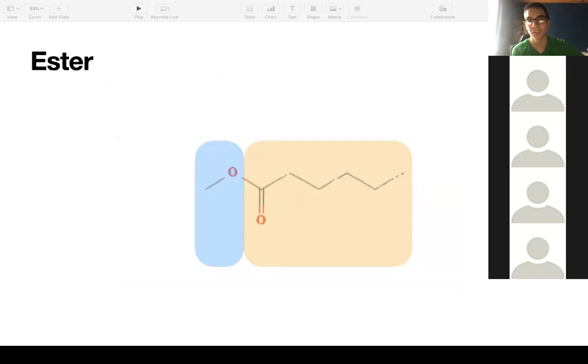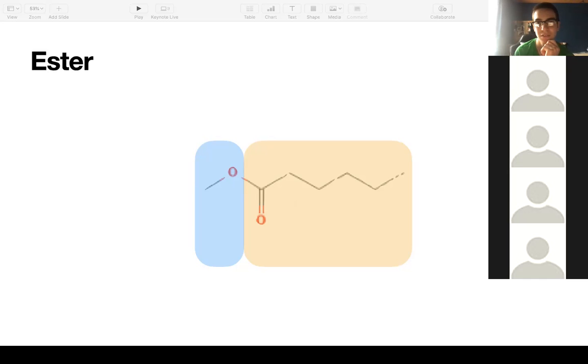So we know our orange is going to be our parent chain and our blue is going to be our addition. So what's the name of our parent chain? It'll be heptane. 1, 2, 3, 4, 5, 6.